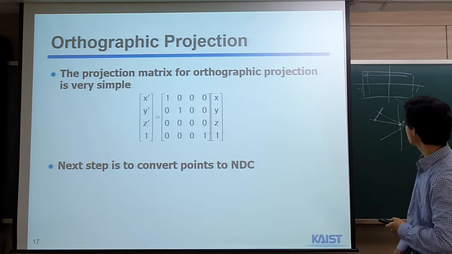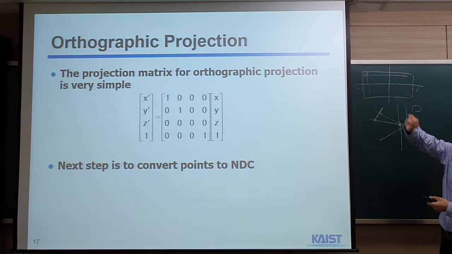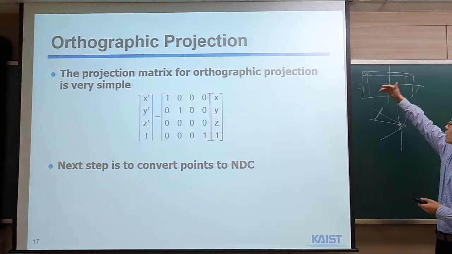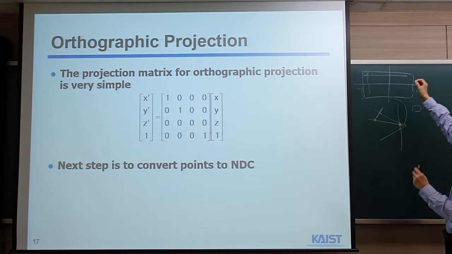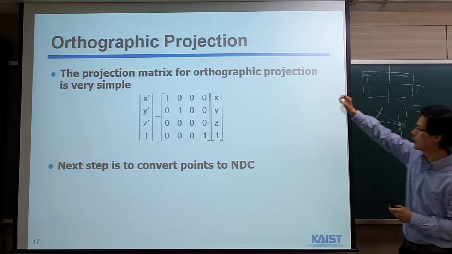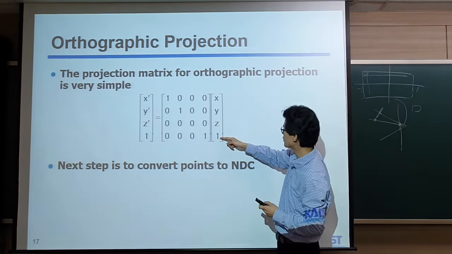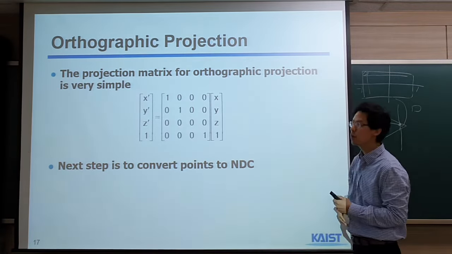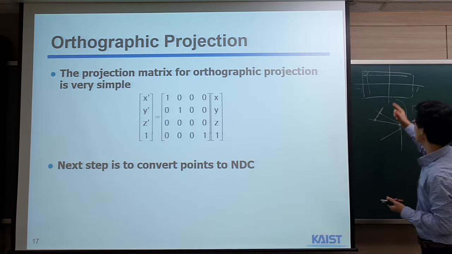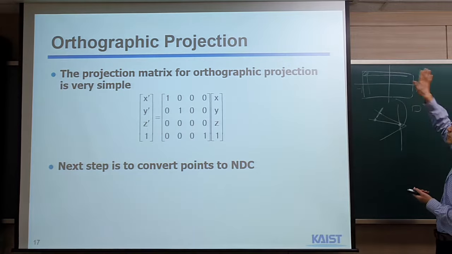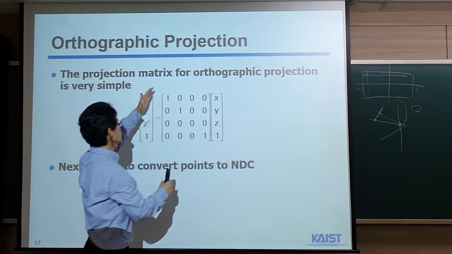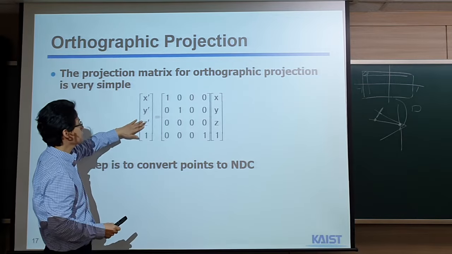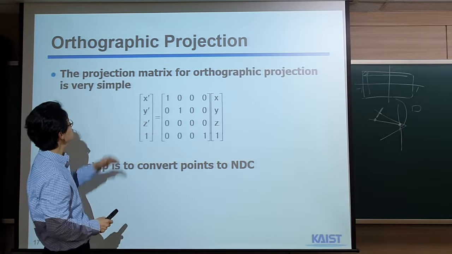It's very simple, right? Suppose that we transform all the world coordinates into the eye space, and then just flatten. The 3D point has X, Y, Z components. The orthographic projection is nothing but maintaining the X, Y components while flattening Z. In other words, we maintain X, Y. X prime, Y prime, Z prime is the coordinate after the orthographic projection.